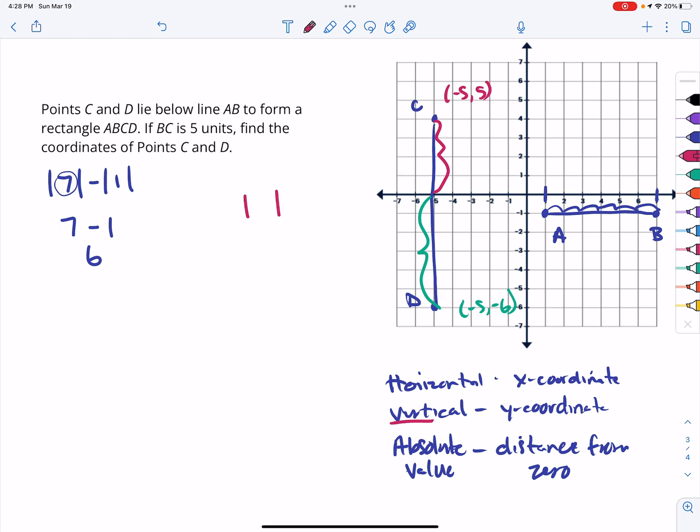So we will take the absolute value of the y coordinate, and instead of subtracting this time, we're going to add that to the absolute value of -6.